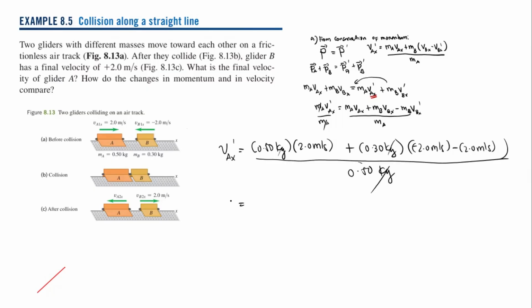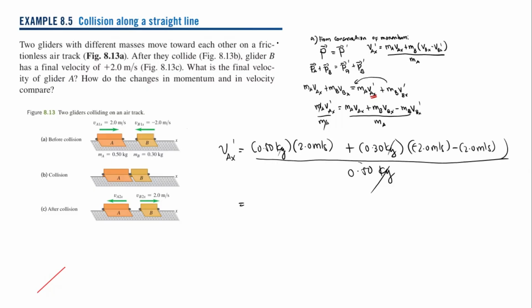Let's use our calculator. Plus 0.3 times negative 2 minus 2, over 0.5. So this is our final answer. Let me check first.